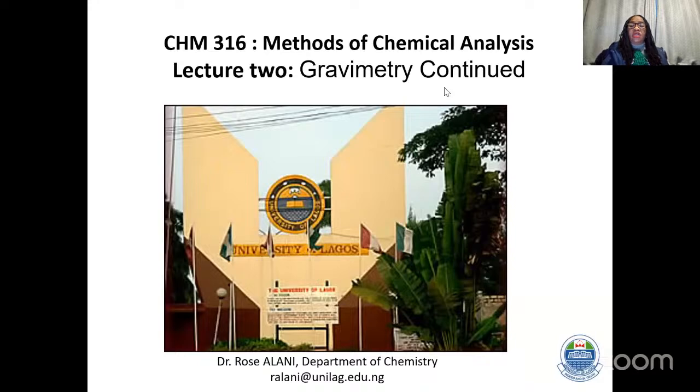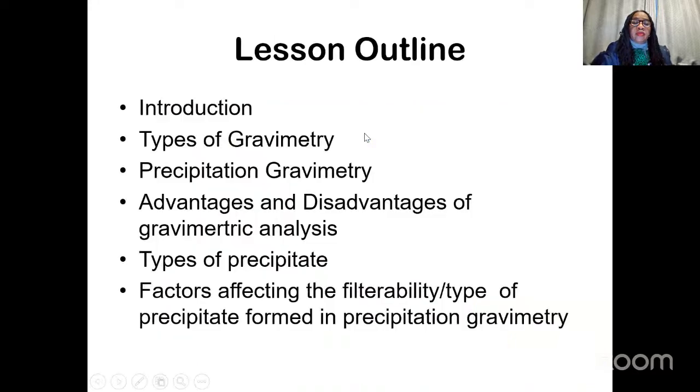So we'll continue on gravimetry. I did an introduction last week and we talked about types of gravimetry and then advantages, disadvantages, and so on.